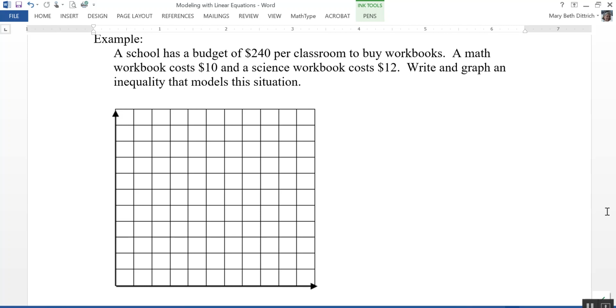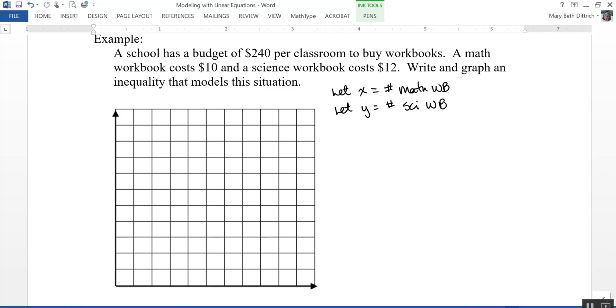So what we want to find out is how many math workbooks they can buy, how many science workbooks they can buy. So I need to define a couple variables. I'm going to say let x equal the number of math workbooks and let y equal the number of science workbooks. Notice that there's not really an independent and a dependent variable here.